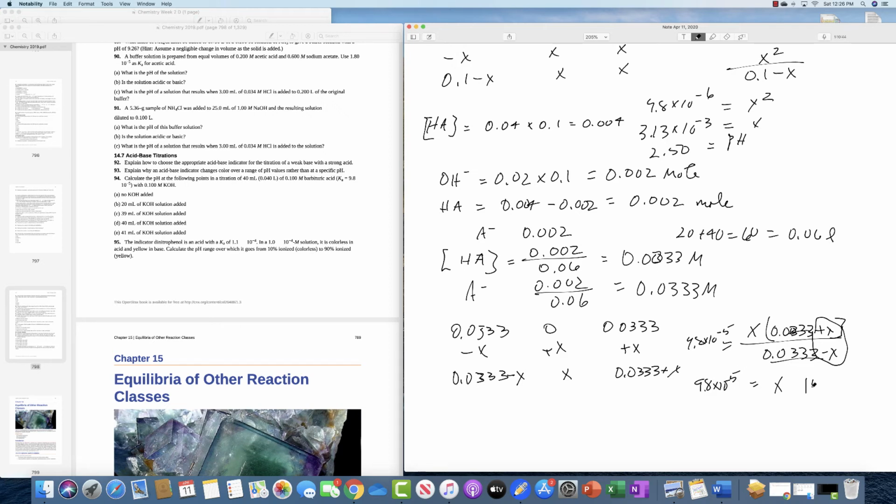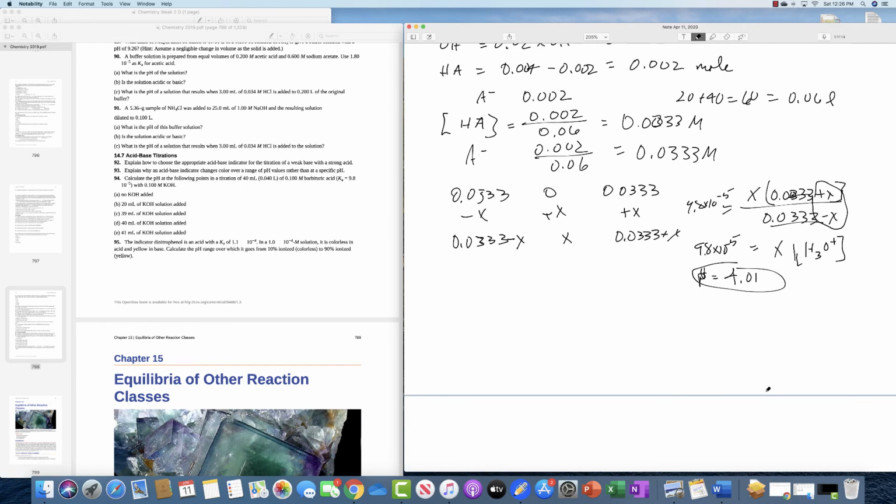So that's the hydrogen concentration now. And so your pH is now the negative log of this, which is 4.01. So by adding 20 milliliters of hydroxide to this solution, you've raised the pH from 2.5 to 4.01.